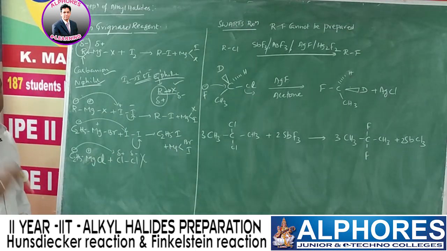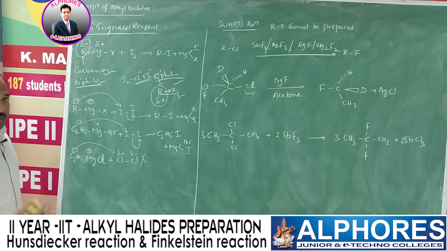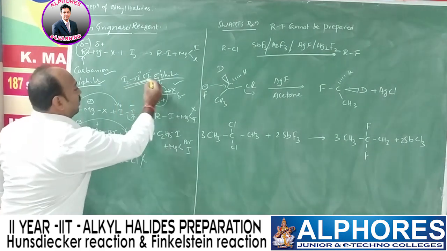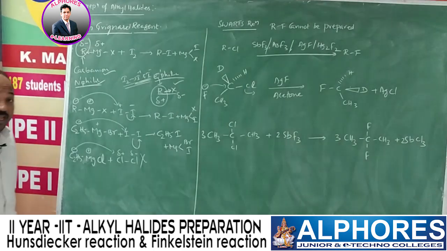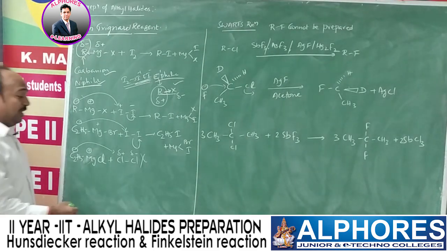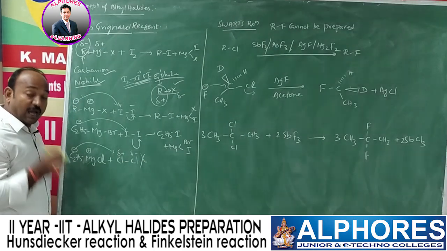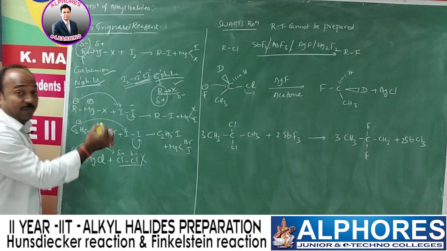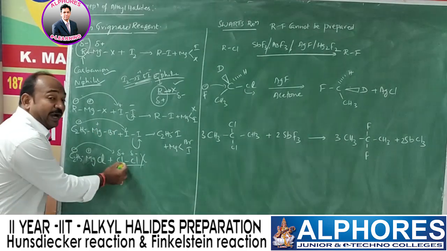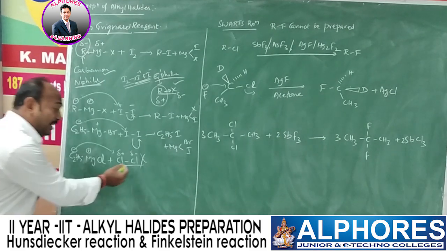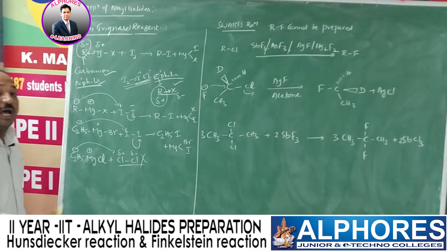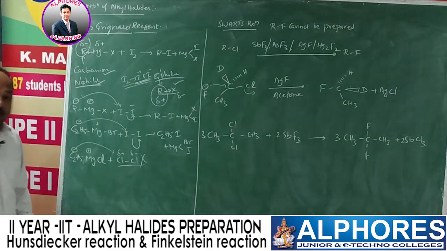Only the iodine molecule can undergo heterolytic fission, whereas chlorine and bromine molecules undergo only homolytic fission. Ultimately, they produce free radicals. Of course, as we discussed in the previous class, for that we need to provide much more energy, like 400 or 500 degrees Celsius, or sunlight; otherwise this dissociation does not take place.